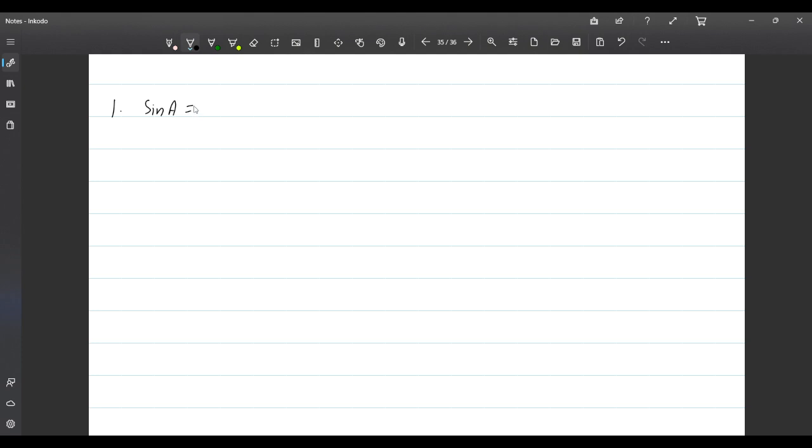Sin A is equal to 1 upon cosecant A, and we have read that 1 plus cot square A is equal to cosecant A whole square. So 1 upon under root 1 plus cot square A. This is the first part.